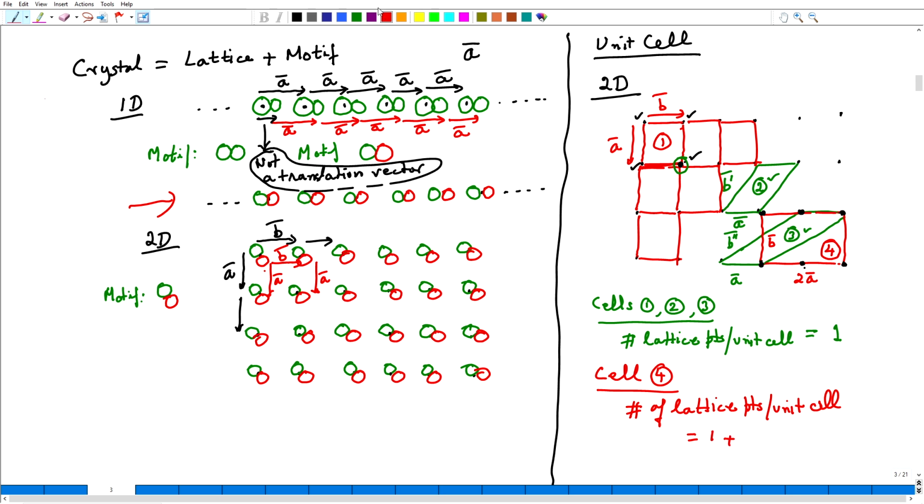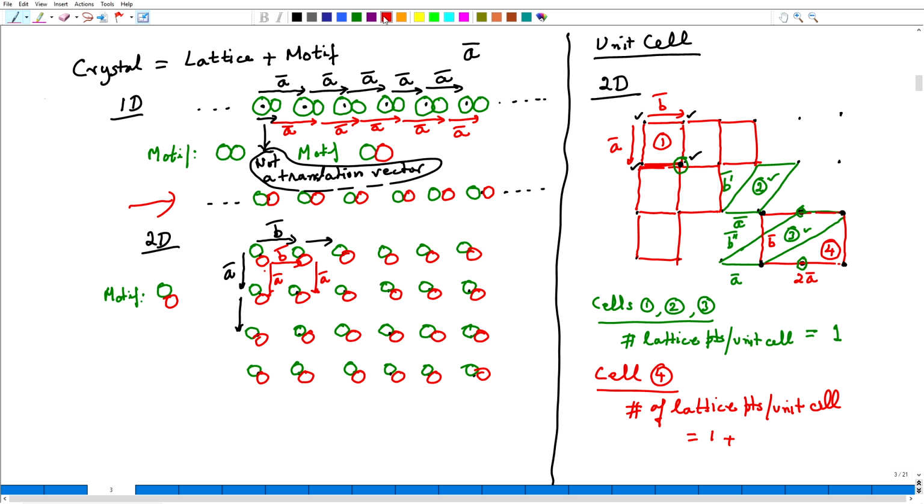Now, look at the other two lattice points out here and out here. You will notice that I can draw one more unit cell above this, and therefore this particular lattice point in the center of the edge will be shared by two unit cells.